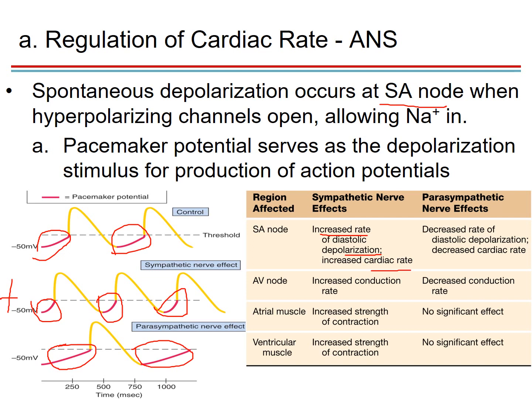This is termed a negative chronotropic effect because it decreases the rate of depolarization and thus decreases the heart rate. All of this is controlled at the cardiac centers of the medulla oblongata, and that's affected by higher brain centers within the cerebrum.